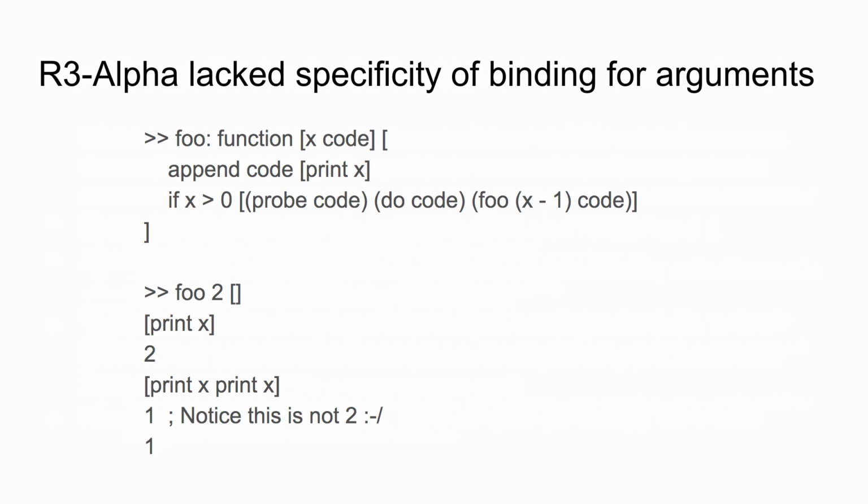So this is a pretty important problem, which is the specificity of binding. The way that R3 alpha would resolve a word in a recursive function would be to look for the most recent instance of that function on the stack.